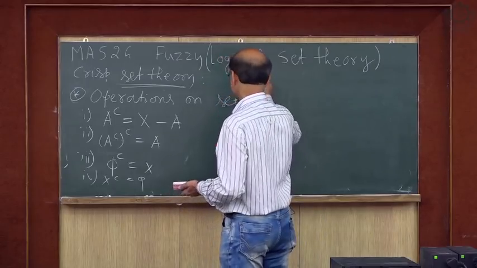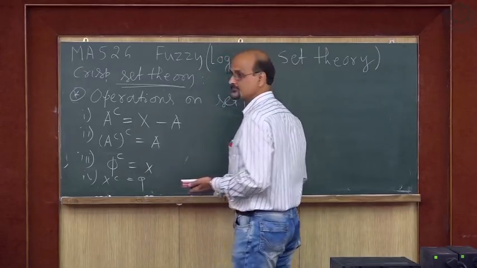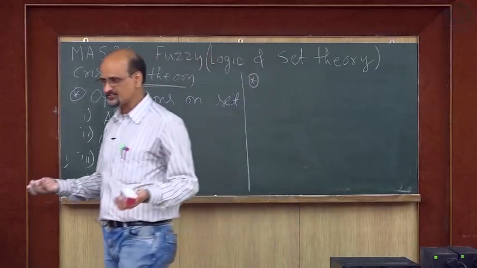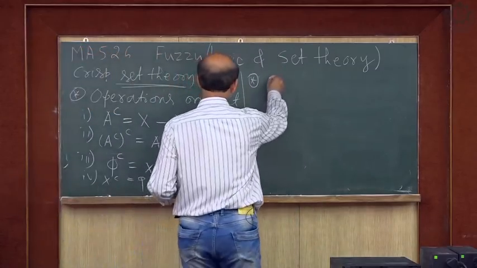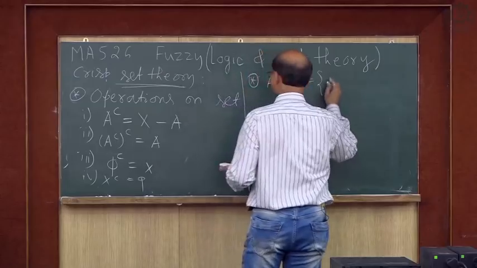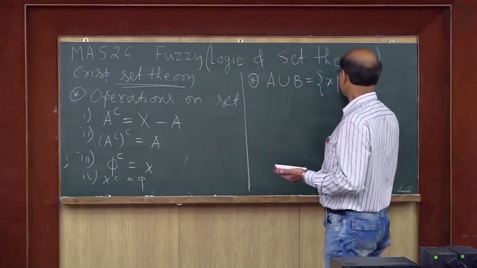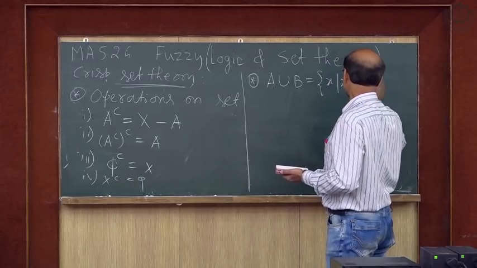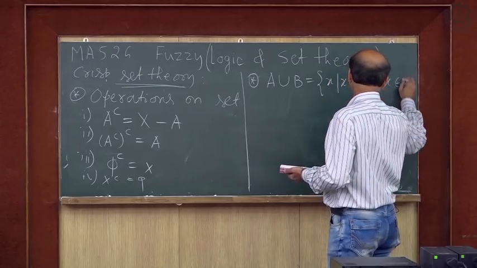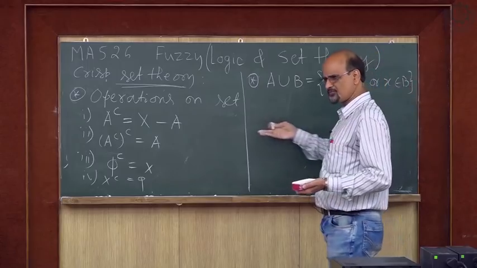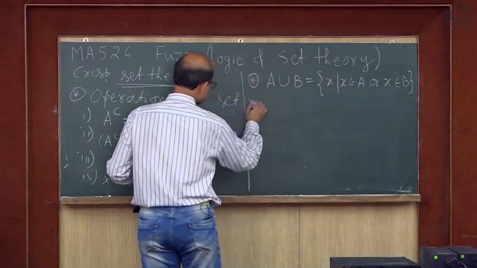We have other operations, those are union and intersection. You define A union B, if I write in set builder form, as the set of X such that X belongs to A or X belongs to B. These are all very simple, you know them from class 8 nowadays.